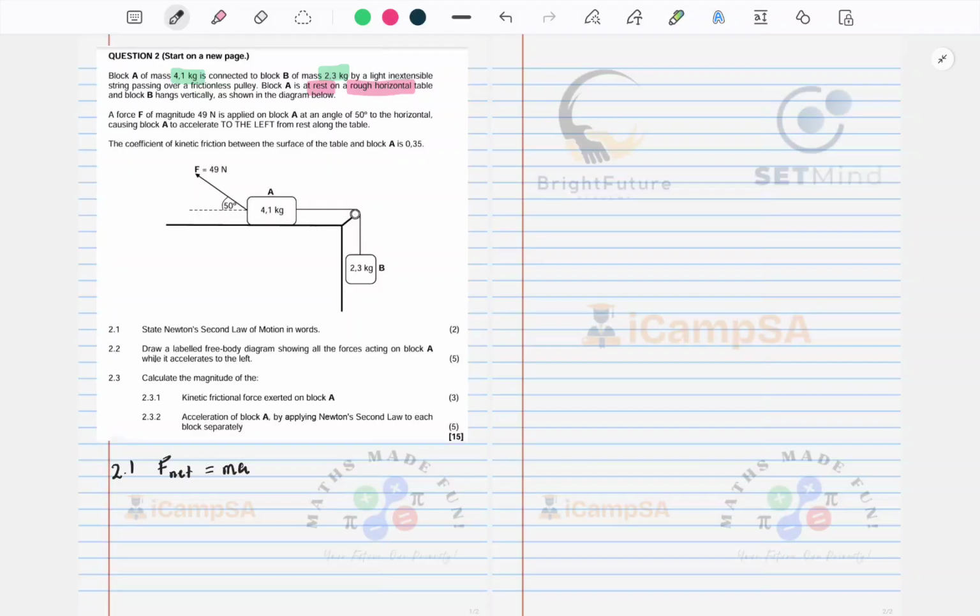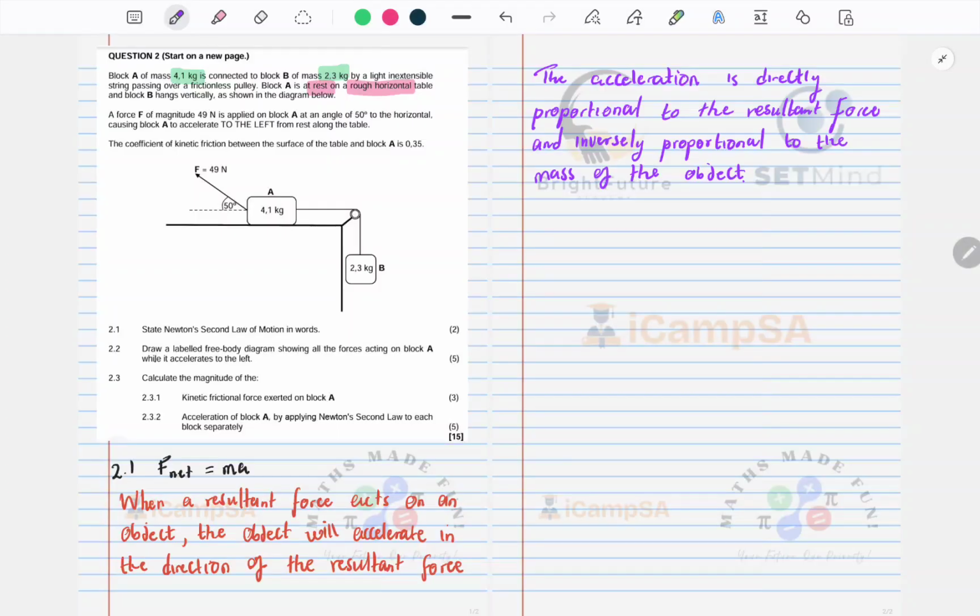So let's write it in words. There it is. When a resultant force acts on an object, the object will accelerate in the direction of the resultant force. Then we say the acceleration is directly proportional to the resultant force. That means if you increase the resultant force, you increase the acceleration. And acceleration is inversely proportional to the mass.